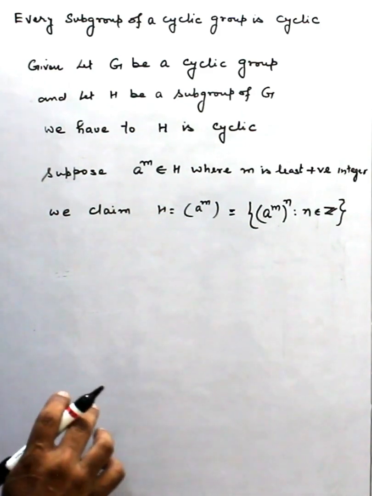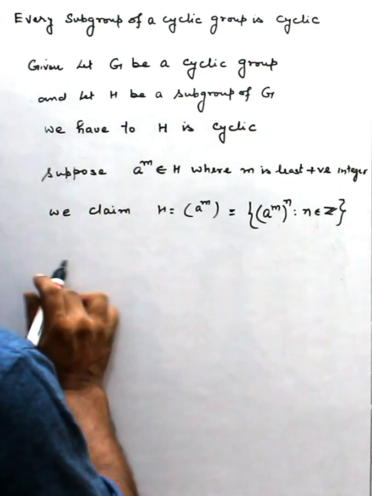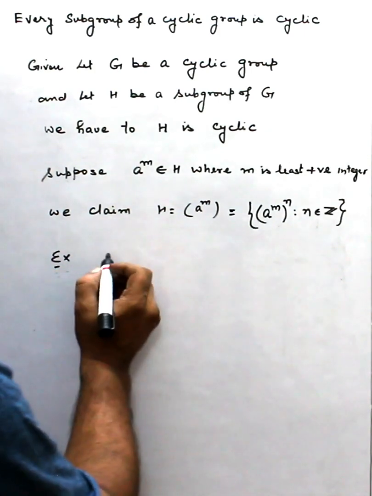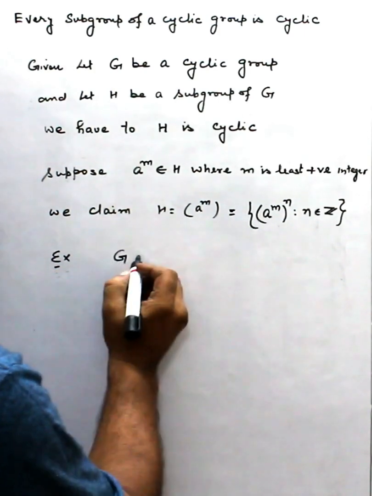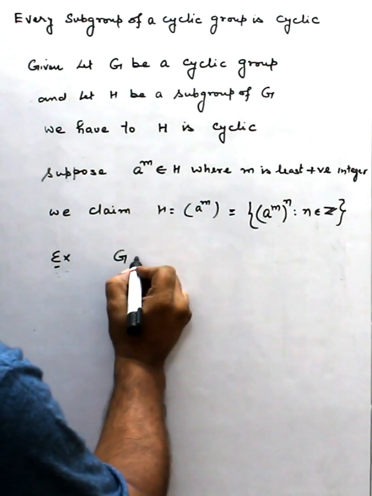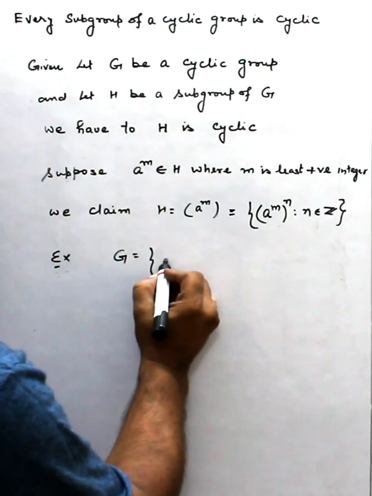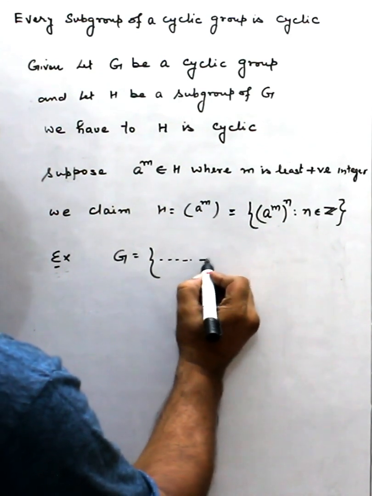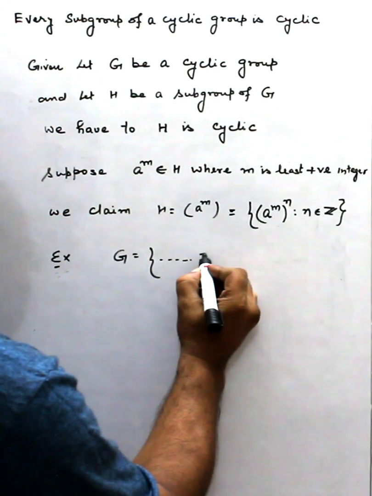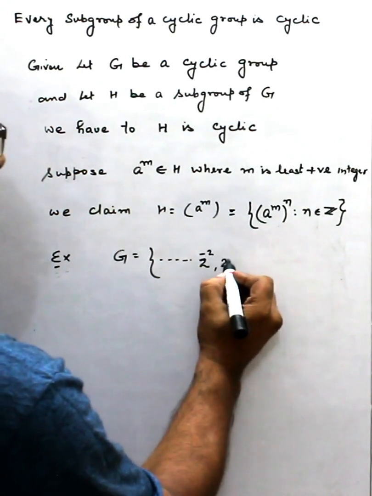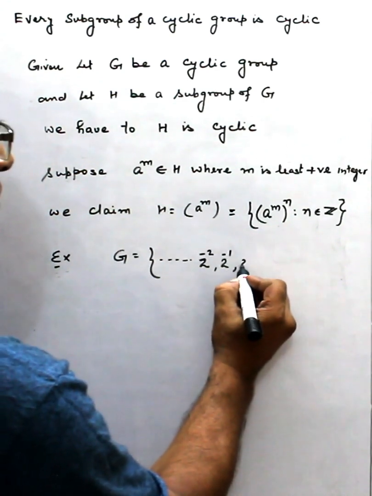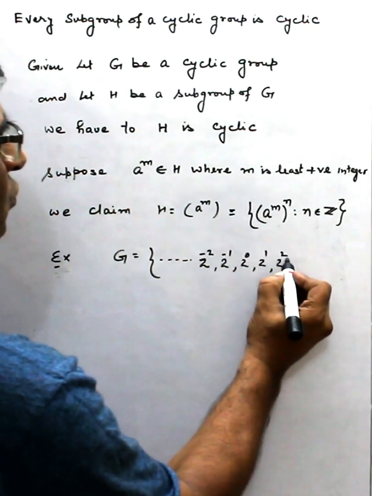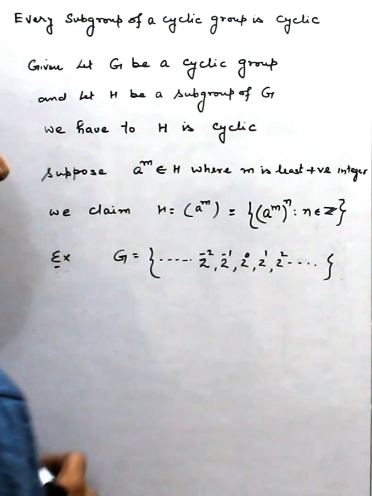I give some example here. Suppose G is 2^-2, 2^-1, 2^0, 2^1, 2^2, and so on.